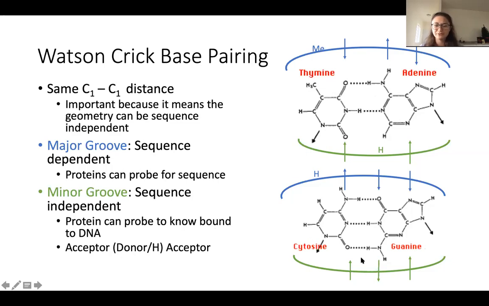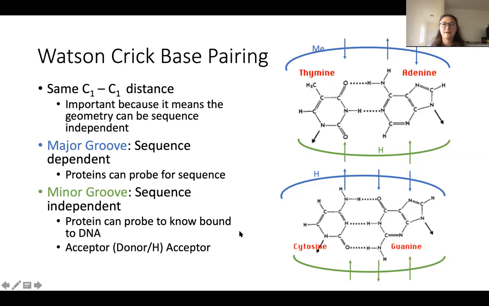The minor groove is different. So this is going to be acceptor, donor, acceptor. And this is acceptor, hydrogen, acceptor. So even though there's this difference between hydrogen and donor at the second position, for all intents and purposes, these are basically the same sequence. And so proteins will also probe this.